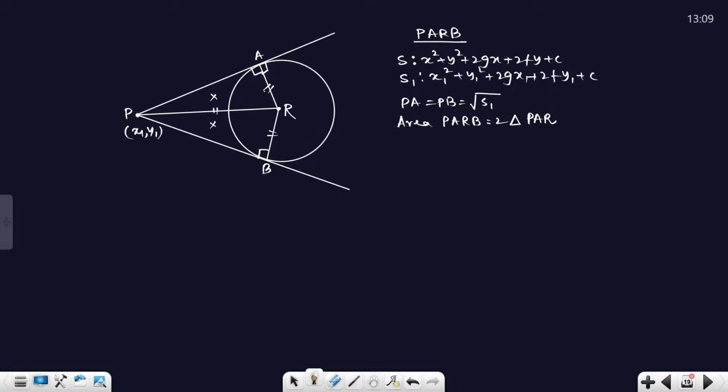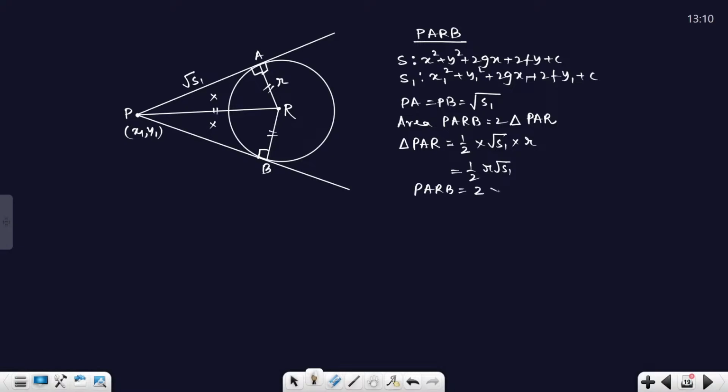Now, PAR is a right angle triangle whose side RA is basically the radius, which is R, and the length of the tangent PA is root over S1. Therefore, the area of the triangle PAR is half base into height, so we are getting half R root S1. So what will be the area of PARB?